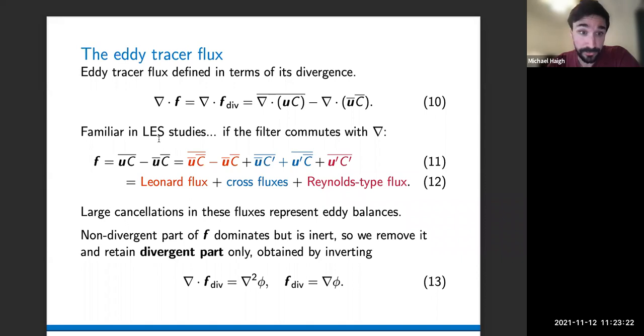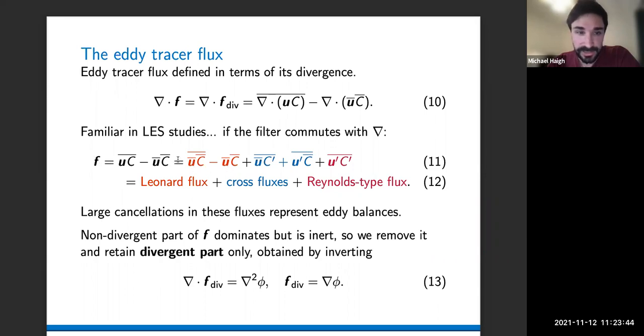So away from the boundaries, so at the vast majority of our grid points, we do have an explicit expression for the eddy tracer flux in black here. So this is a much more familiar form of the eddy tracer flux for large eddy simulation studies and much less familiar for oceanographic studies.